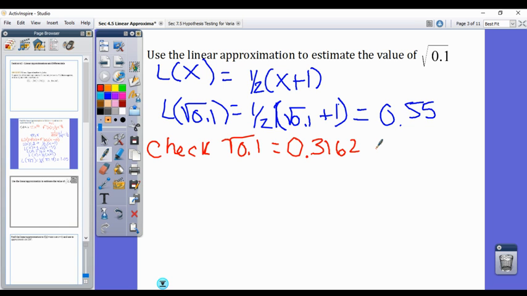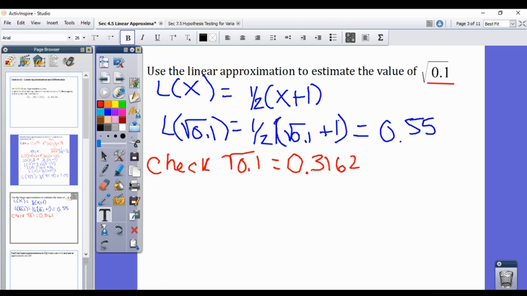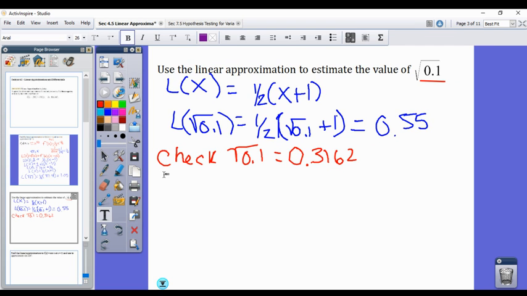Okay, that is way off from our 0.55. So what we need to do is try to find an a value that is really close to 0.01. And I'm getting 0.01 from here. So we need an a value that is very close to 0.01.